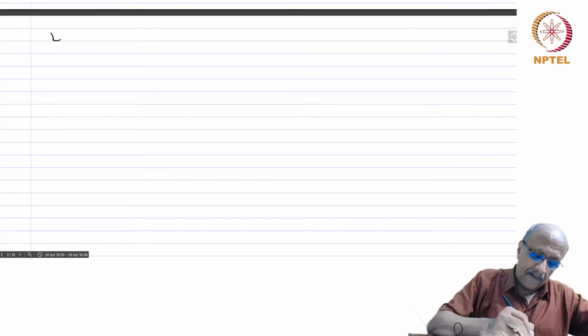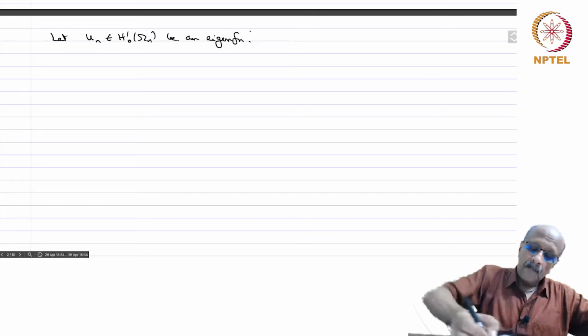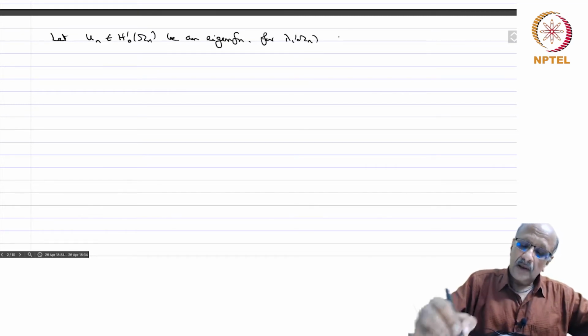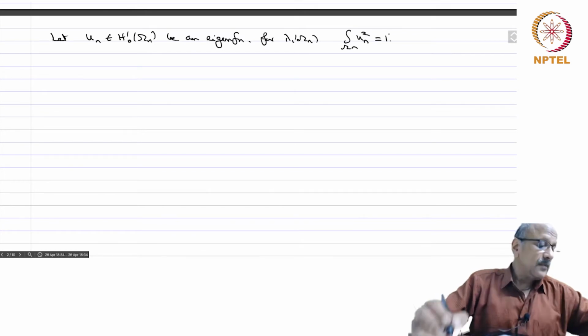So, let u_n in H^1_0 of Omega_n be an eigenfunction for lambda_1 of Omega_n with the integral on Omega_n of u_n squared equal to 1.